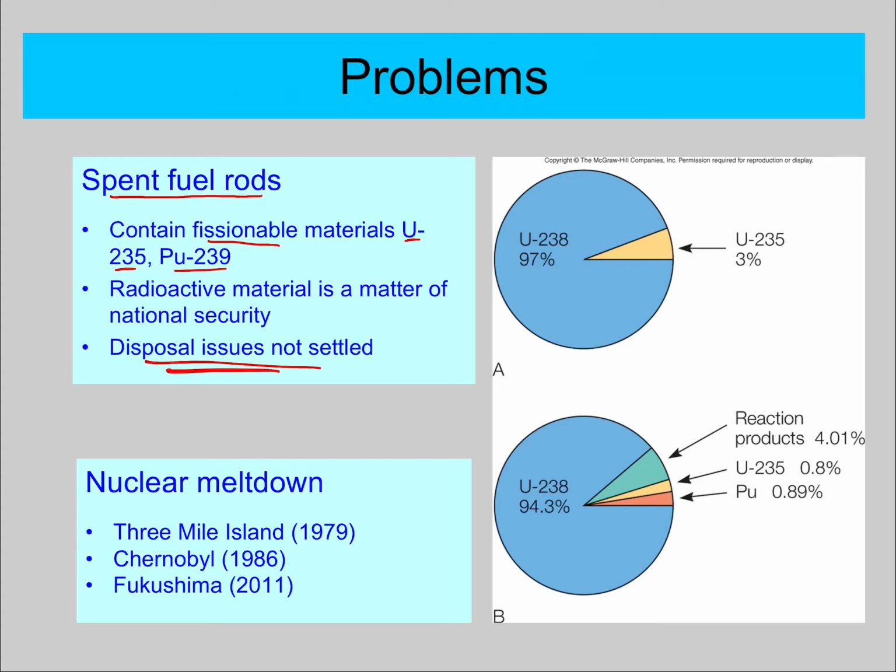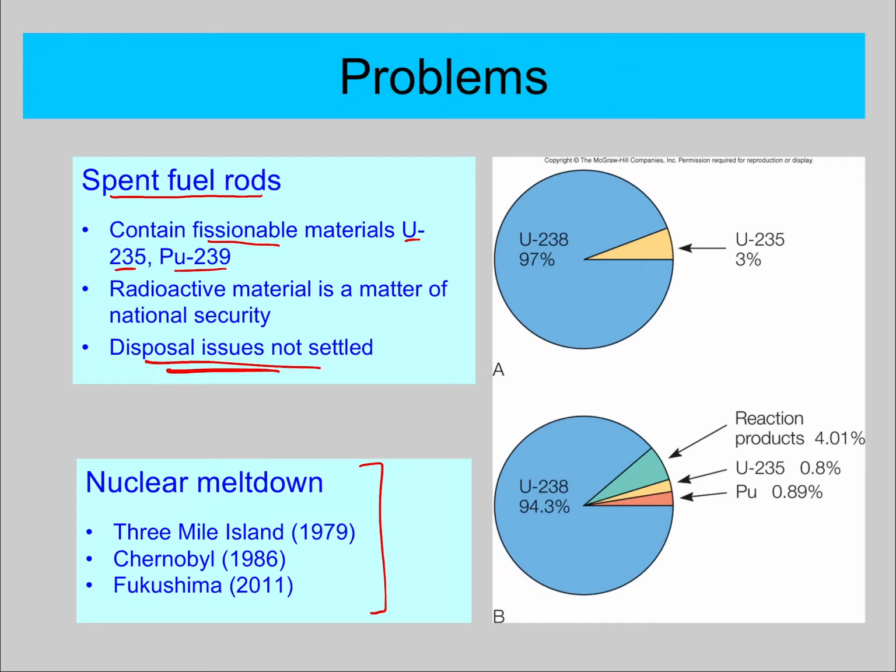The other problem with nuclear fission plants, like we've been talking about, is nuclear meltdown. So we have 3 Mile Island in 1979, Chernobyl in 1986, and Fukushima 1 in 2011. All of the meltdowns were for various reasons. Your book has about a two-page reading over the 3 nuclear meltdowns.